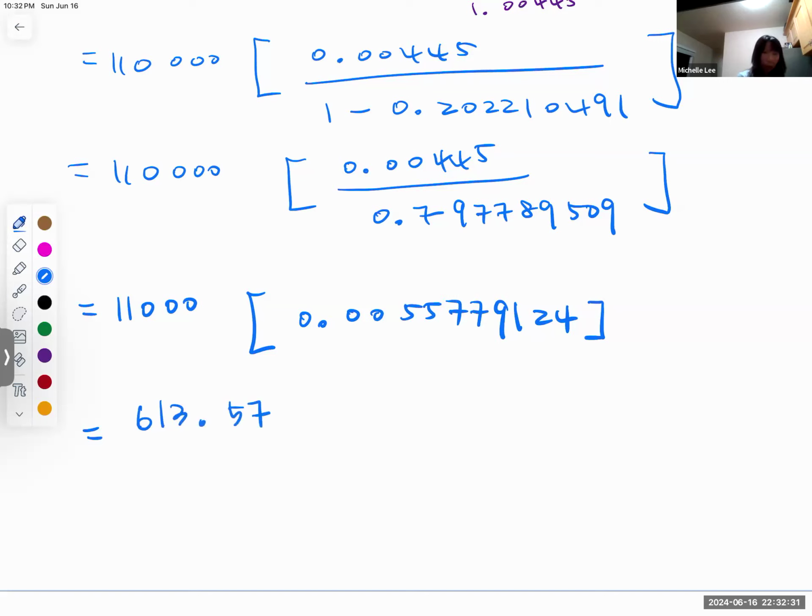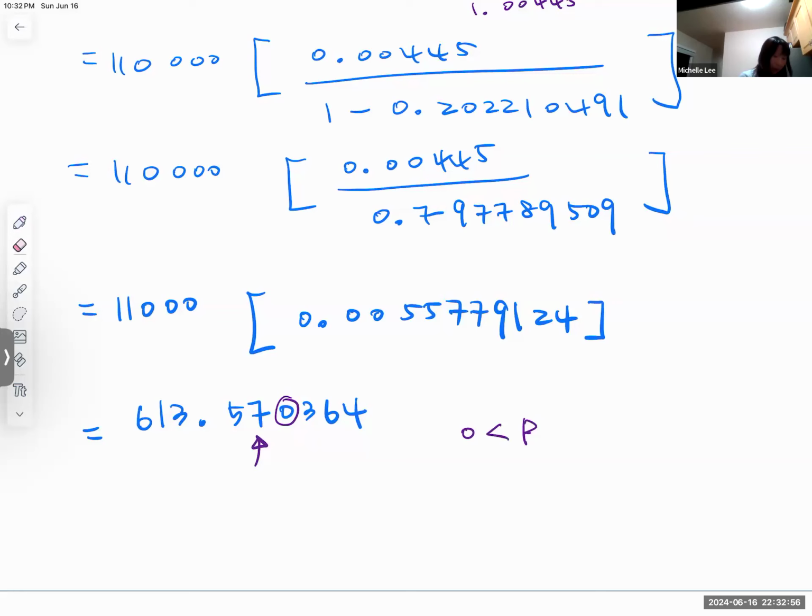Okay, let me do 2 decimal places, right? So we have 613.364. So for 2 decimal places, we're looking at the third one. So 4 is less than 5.